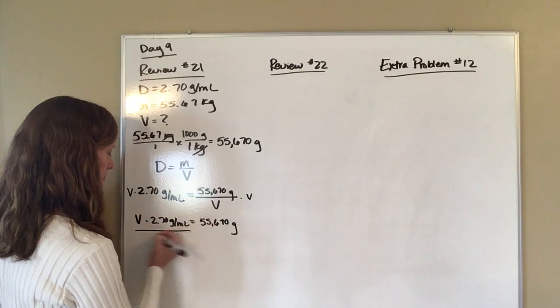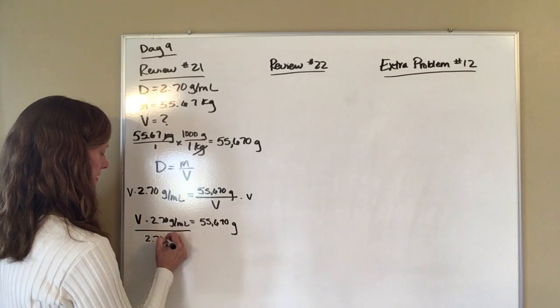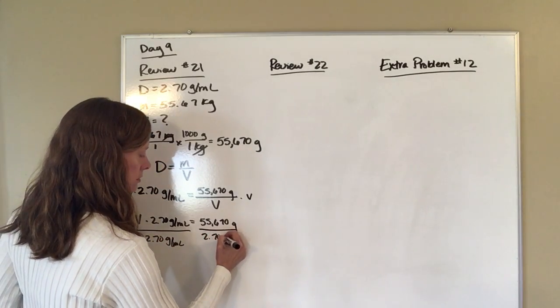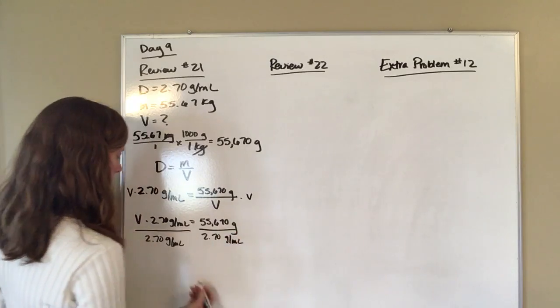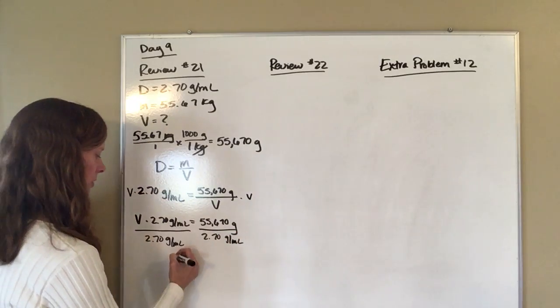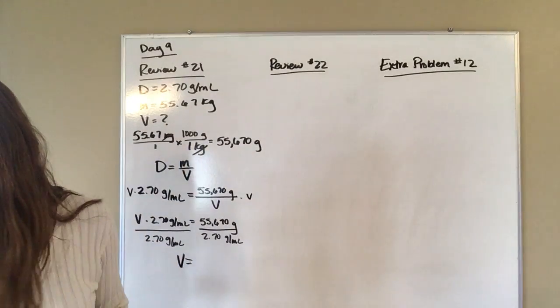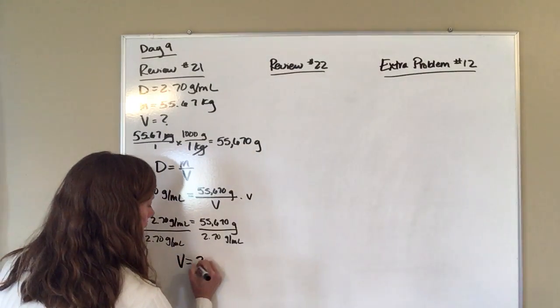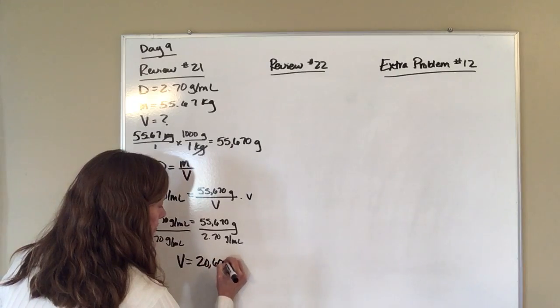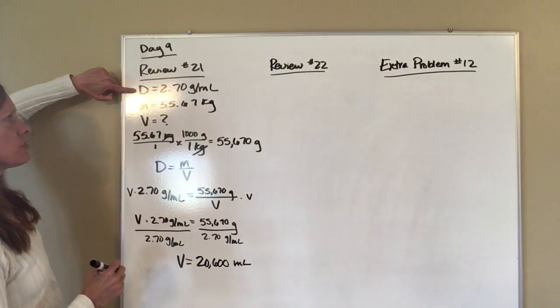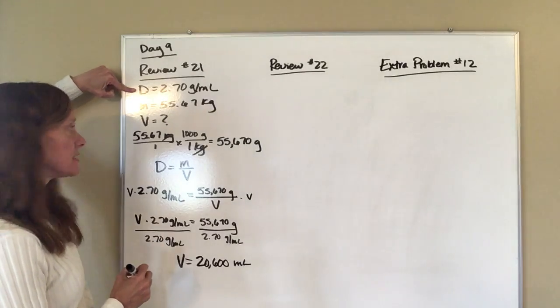I'm going to divide both sides by 2.70 grams per milliliter. And then these two will cancel out, and that will give me a volume equal to 20,600 milliliters.